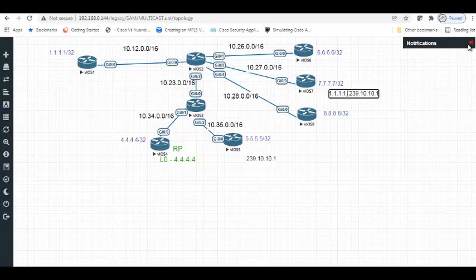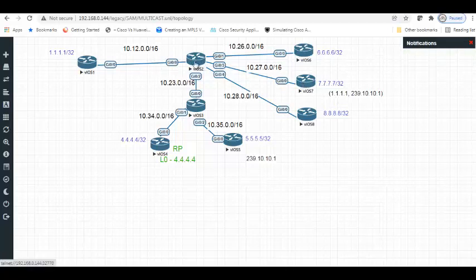So this is the source and this is the group member. R7 will know the source now. What R7 will do, it will check its routing table for 1.1.1.1. Router 7 will forward it to router 2.